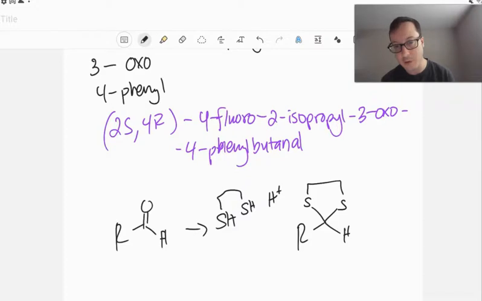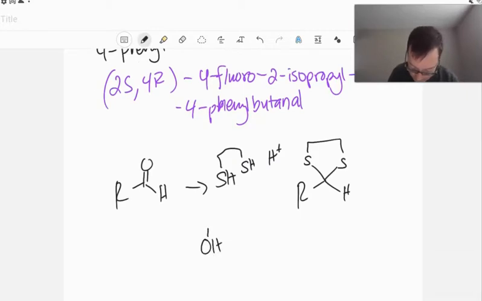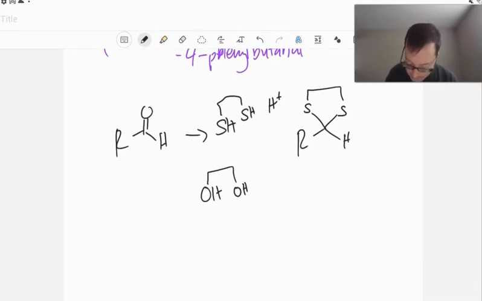If you just throw in methanol, it's hard to say what you're going to get. I mean, eventually, yes, you'll only get the aldehyde one protected, but it's harder to make that statement, right? So just cyclic ones in general. If it's the oxygen-based one, ethylene glycol, or the sulfur one, it doesn't matter.